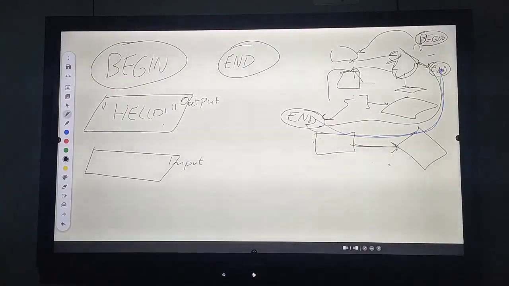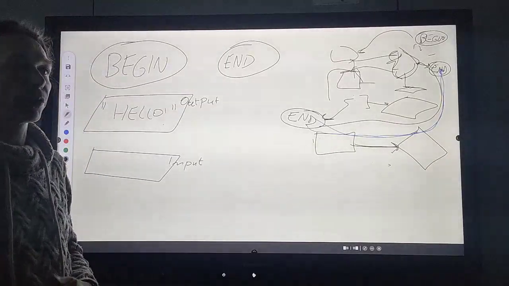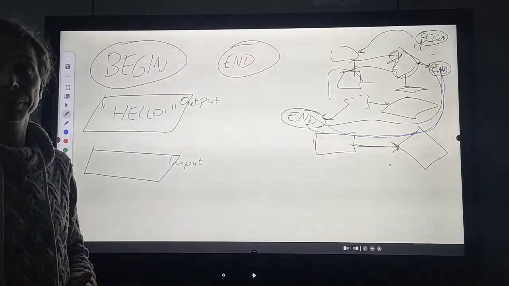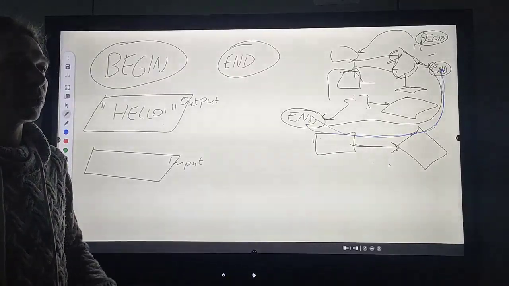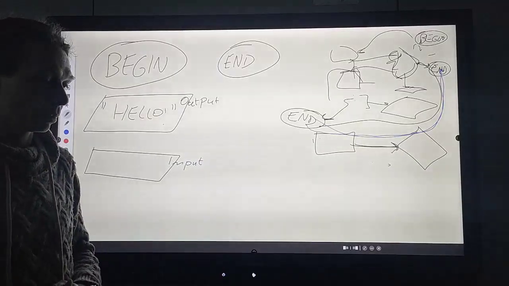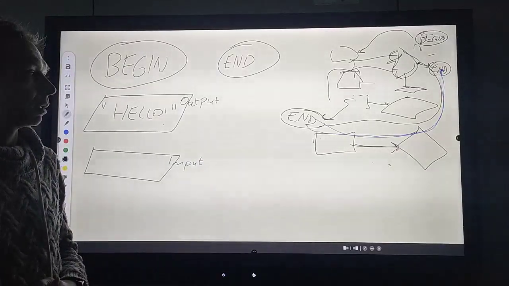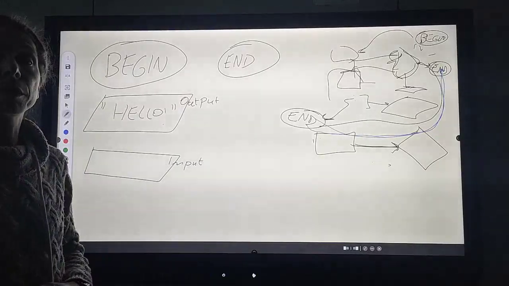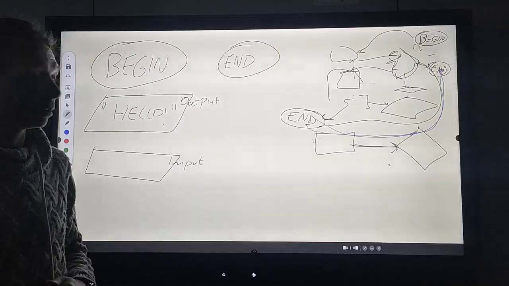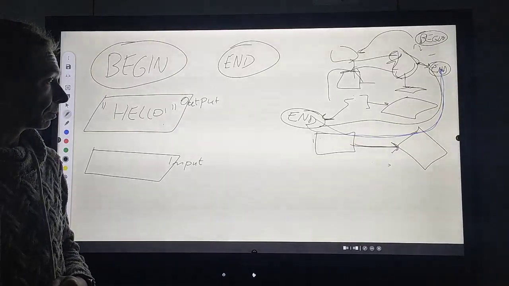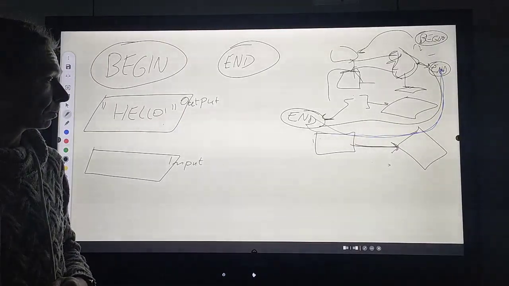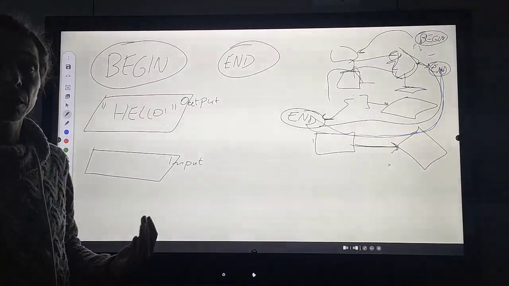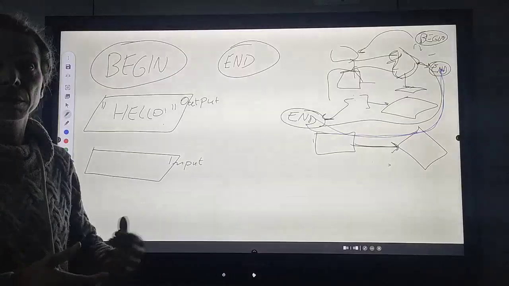Okay. The problem here is that the droid has no memory. So once he listens to the human client, he will completely lose what the client said.